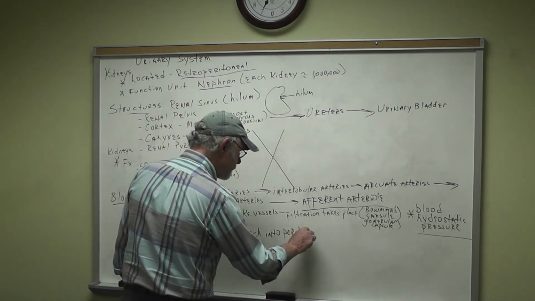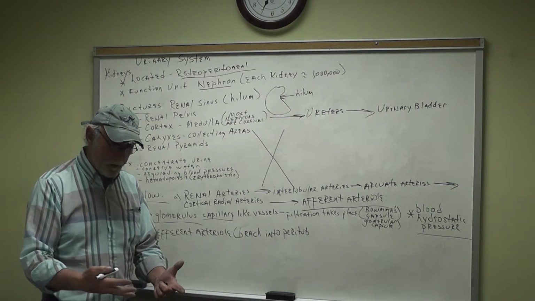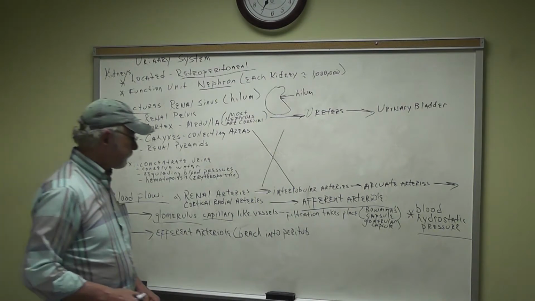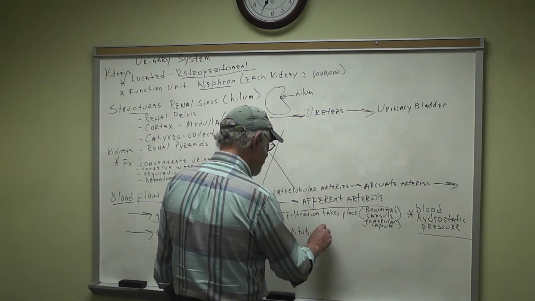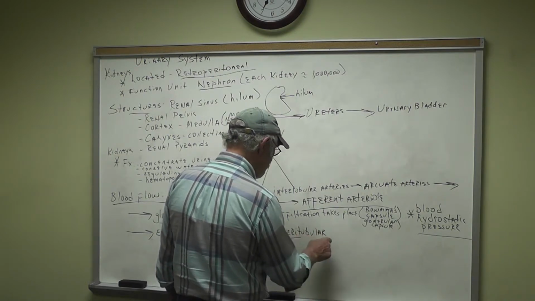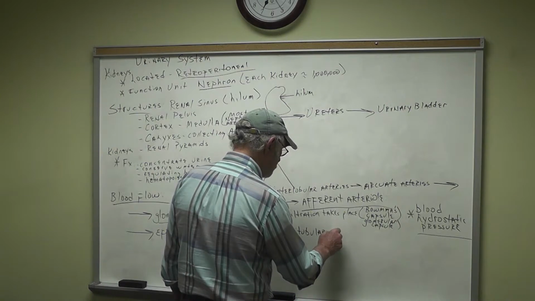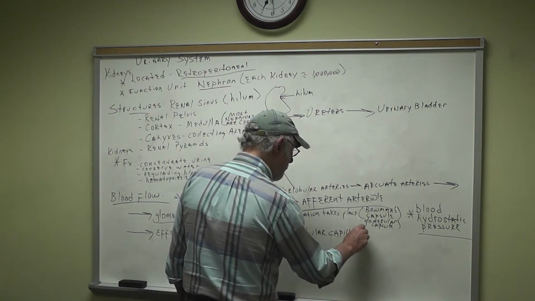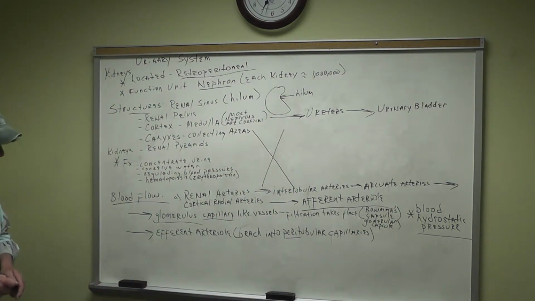And this is where substances will be reabsorbed, things that the body needs, and things will be secreted into the peritubular capillaries. And as the name suggests, peritubular, peri means surrounding or around, and what they surround is the kidney tubules.